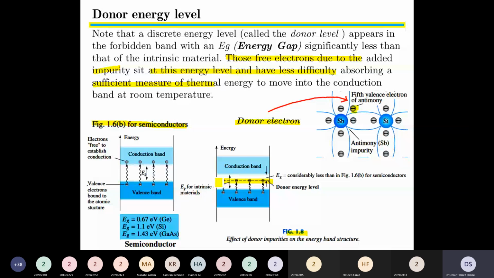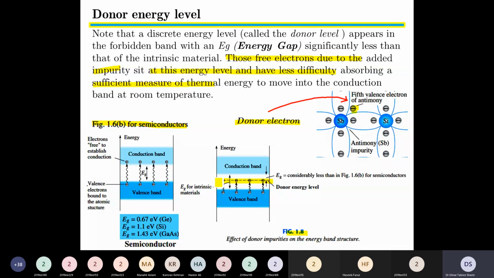Normally in the Bohr model, electrons don't reside in the forbidden band. They reside in specific shells. The outermost shell is the valence shell, and the shell after the valence shell is the conduction shell. Normally, what we have learned in the past is that electrons can only circulate the nucleus in predefined shells.